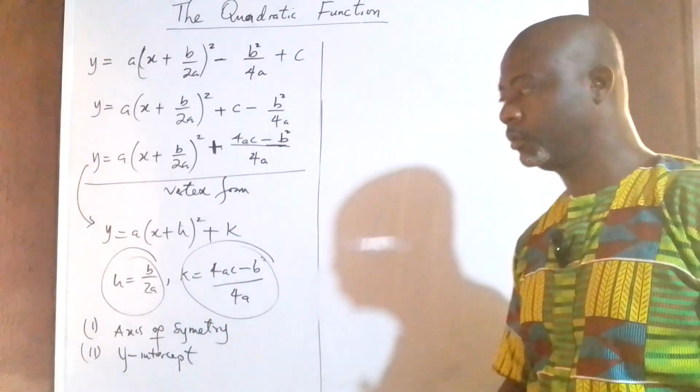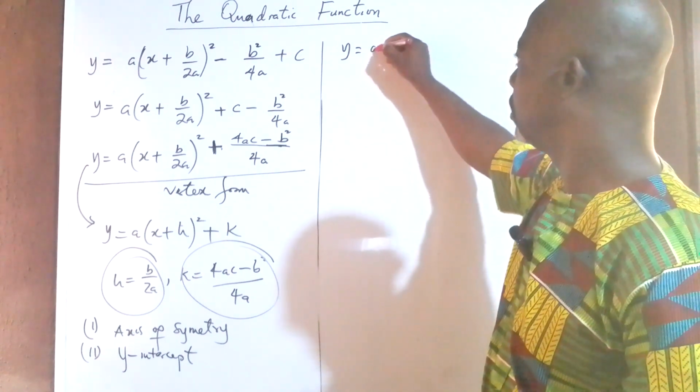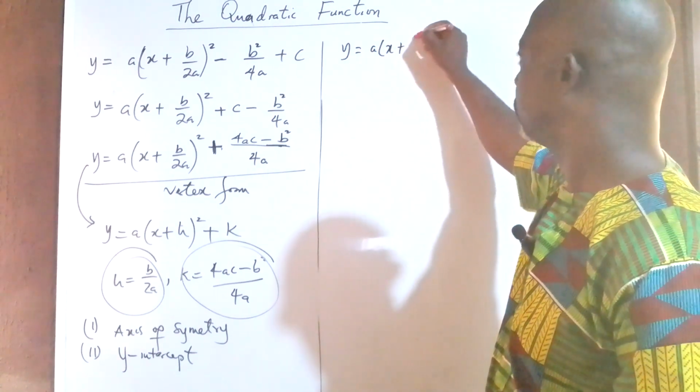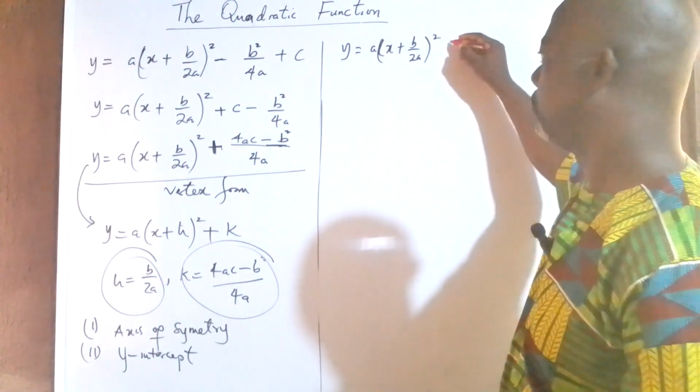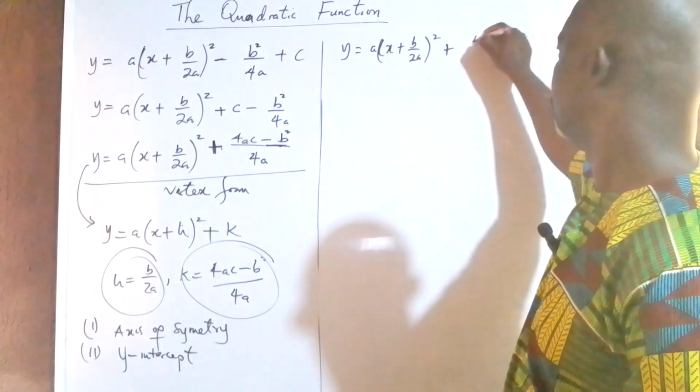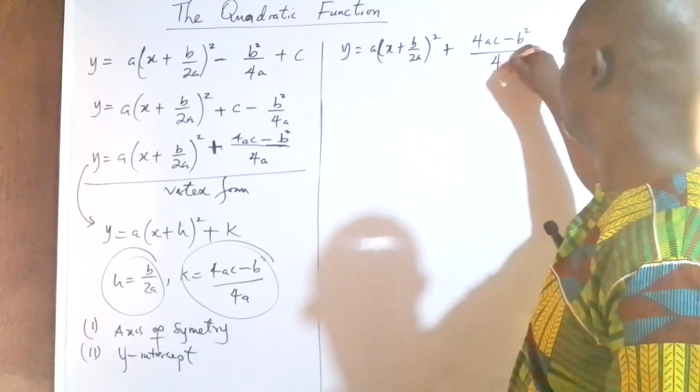From our function, y equal to a open bracket x plus b over 2a squared plus 4ac minus b squared over 4a.